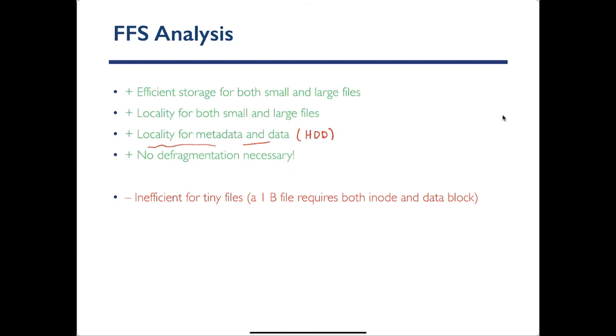If you have a file that only has 1 byte, each inode has a lot of bytes, because it's kind of like you have a template for your file, and if your file is just a few bytes, then you're wasting a lot of storage to just store this 1 byte.